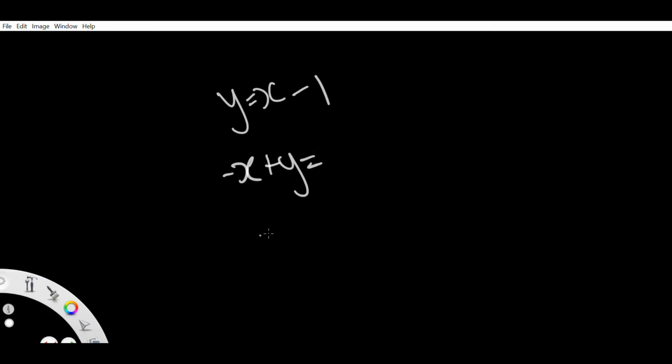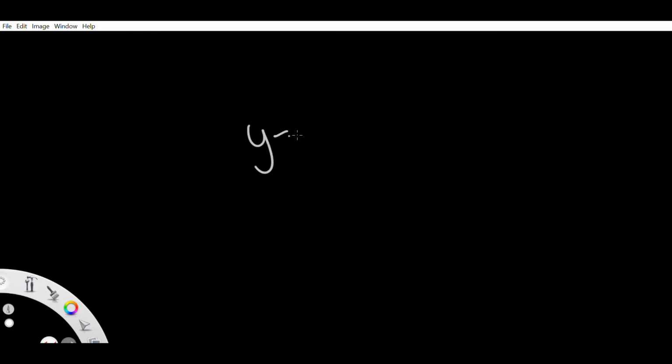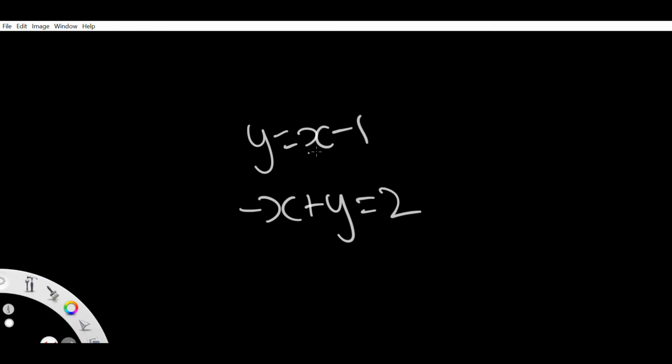Suppose we tried solving for either one. We have y is equal to x minus 1, as well as negative x plus y is equal to 2. We might cancel out these and then we're left with this. Maybe if we took the x to the other side, we would get y is equal to x minus 1 and y is equal to x plus 2.